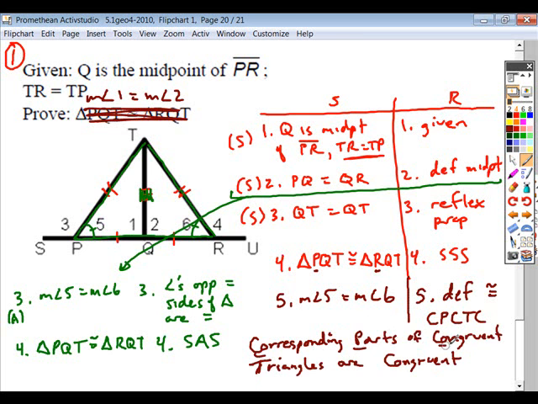Okay, C, P, C, T, C. So you're very likely going to see that. These are interchangeable for what we'll be doing. The definition of congruence will work, but usually I believe when I put it in a proof that you have to choose from a drop-down, it'll be written as CPCTC.